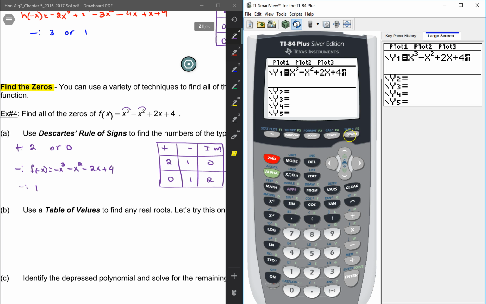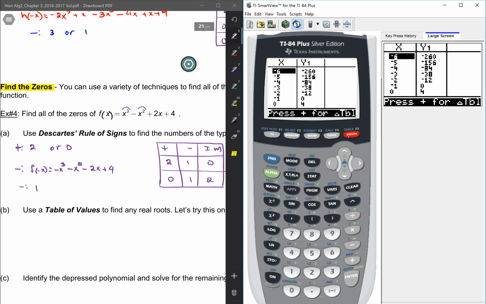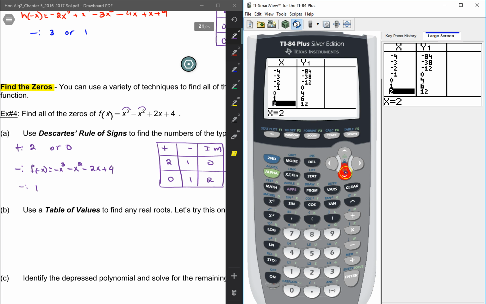And let's look at the table. So you see in the table, there is a 0 at negative 1. Are there any other zeros? No, right? So which of the options does it look like it's going to be? It looks like there is 1 zero at x equals negative 1.